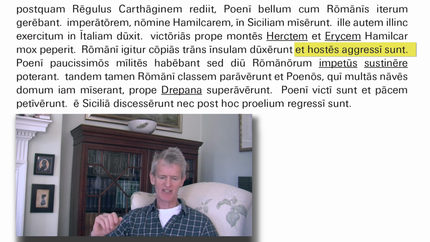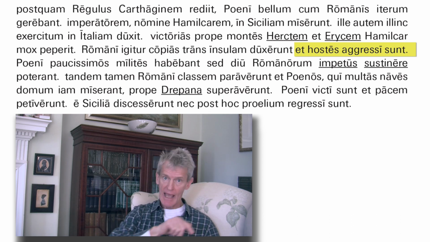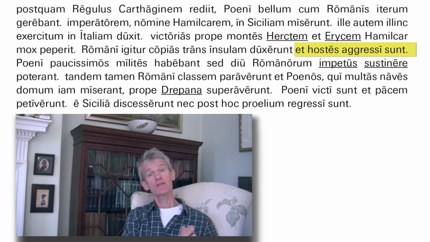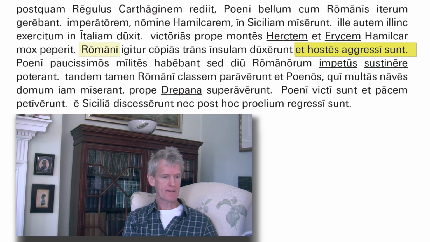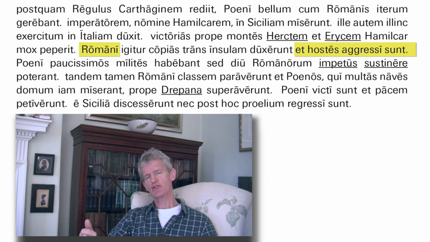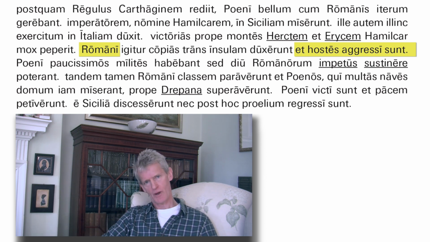So it could have meant the Romans therefore led their forces across the island and the enemy attacked. But that is not the way Latin works really. The subject of the first clause was Romani, and unless there is a really good reason for changing the subject, you should assume that the subject of that first clause is also the subject of the second one.